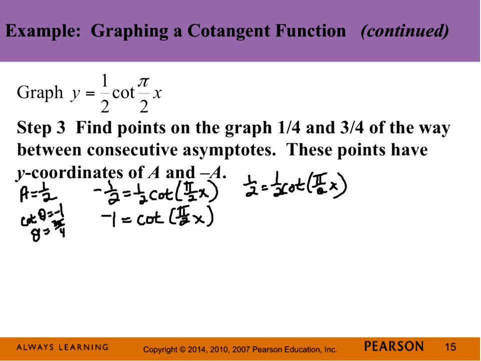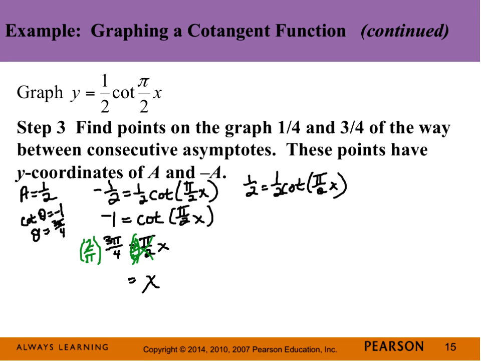So I can set 3 pi over 4 equal to pi over 2 x, multiply both sides by 2 over pi to get rid of those.